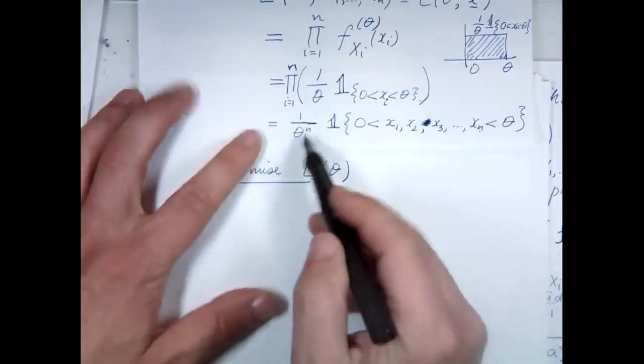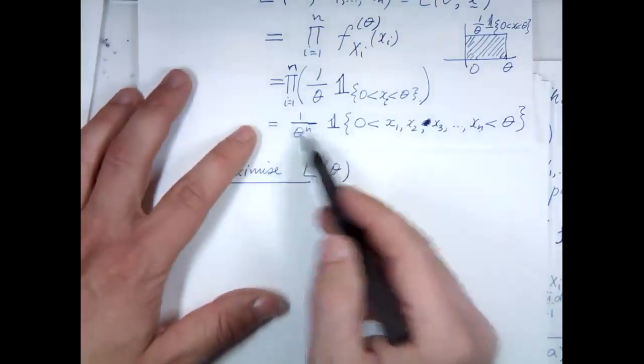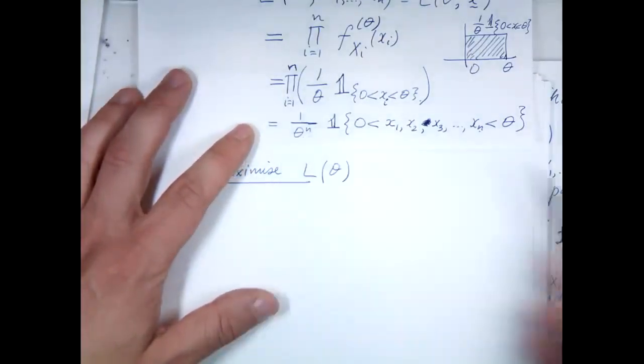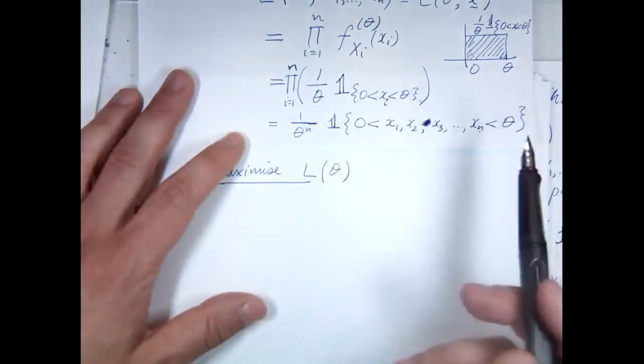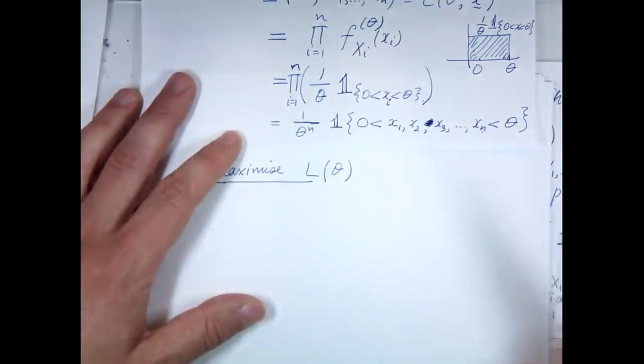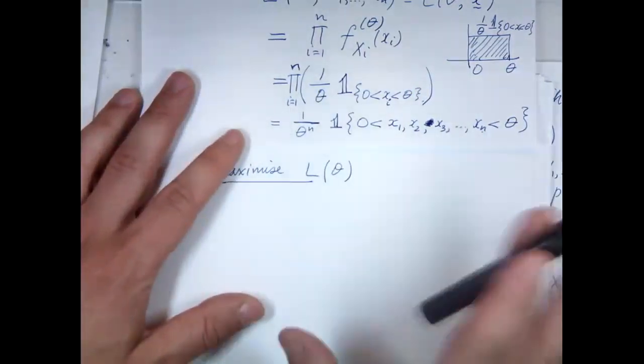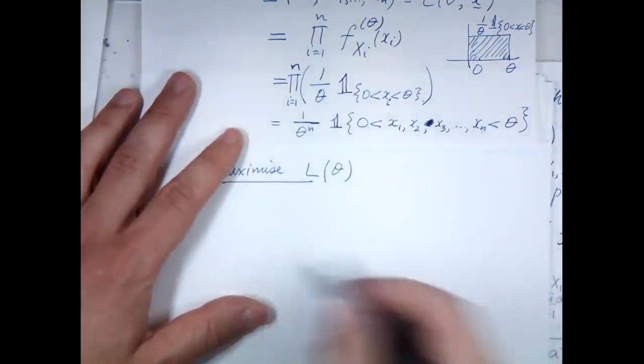So if I make theta bigger, then 1 over theta to the n gets smaller. So it's easier to think I just have to make theta as small as possible. And what is the smallest theta you could have? 0, I guess. That would be a wrong but easy trick to fall into.